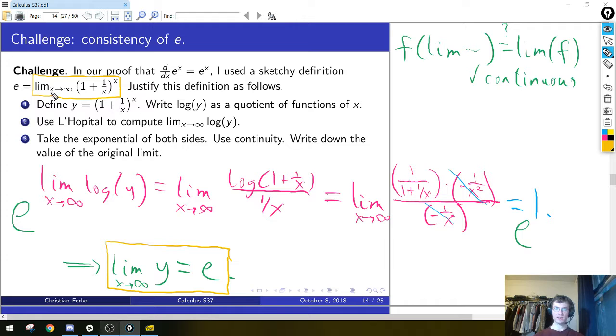Better, we've proven that the value of that limit is the same as our old familiar definition of e as the base of the natural log, the thing which kills log when you apply it. So that's nice. Now we know that our sketchy definition and the real definition are consistent. The limit exists and it's equal to the base of the natural log. So this is pretty good for an internal consistency check.